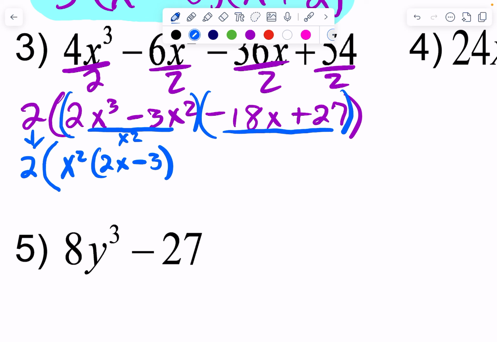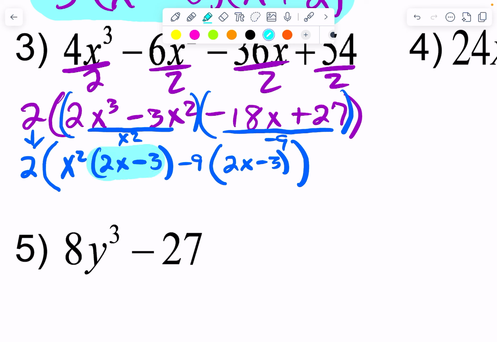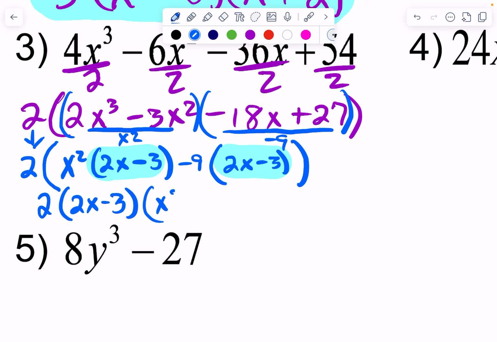For my second binomial, I'm going to factor out a negative 9, with my leftovers being another 2x minus 3. Now that I have two identical binomials, I can factor that out, hence factor by grouping. So I factor out the 2x minus 3, leaving me with the leftover of x squared minus 9.